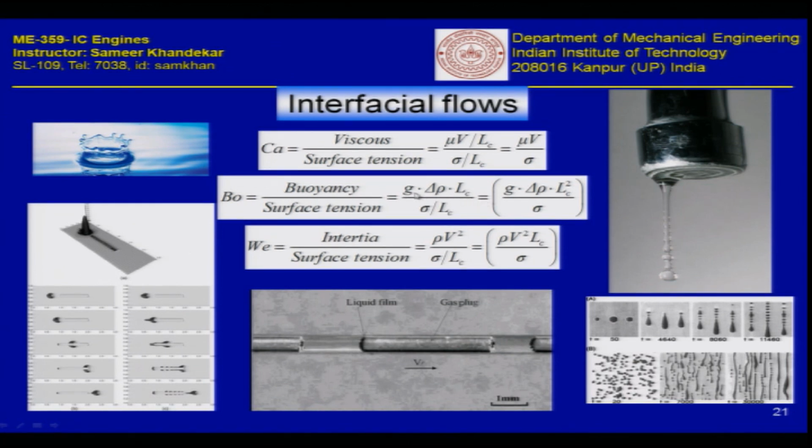Therefore, you can also see that the buoyancy forces are not dominant typically in a spray situation, and you can have, let us say, the surface tension dominant flow. It is primarily a surface tension dominant flow, which essentially means it is a low Bond number situation.